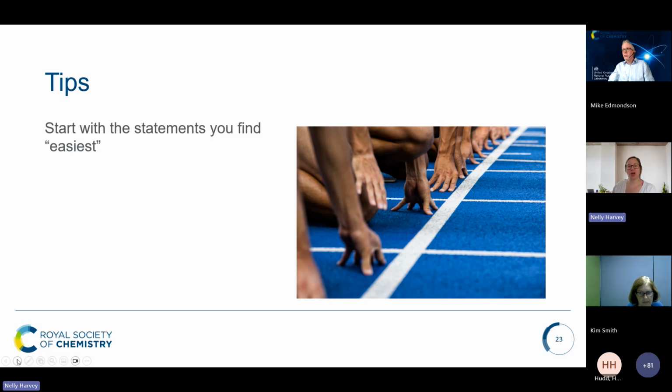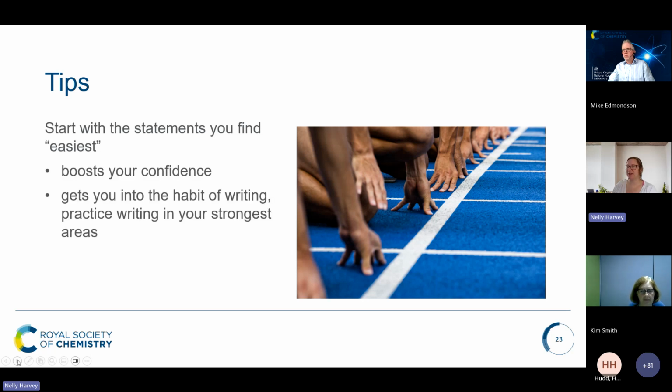So whether they're in the knowledge section or communication, such as writing reports or giving a presentation on a particular topic, or the health and safety attribute, some of these might be your best port of call to start first. Doing that should boost your confidence, get you off to a good start, and get you into the habit of good writing and reflective practice.